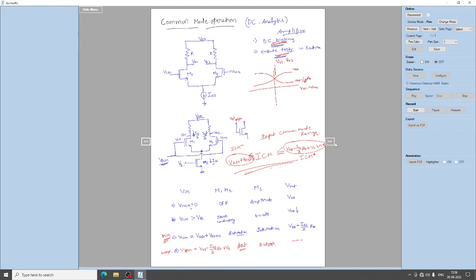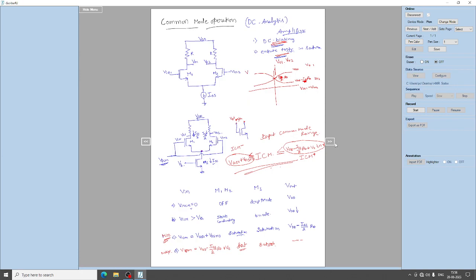This is ISS, that is ID by 2 into RD. This is the maximum ID, and this is ID by 2, the point equal to half of the current. This is VO1 and this is VO2 at one particular point, right.